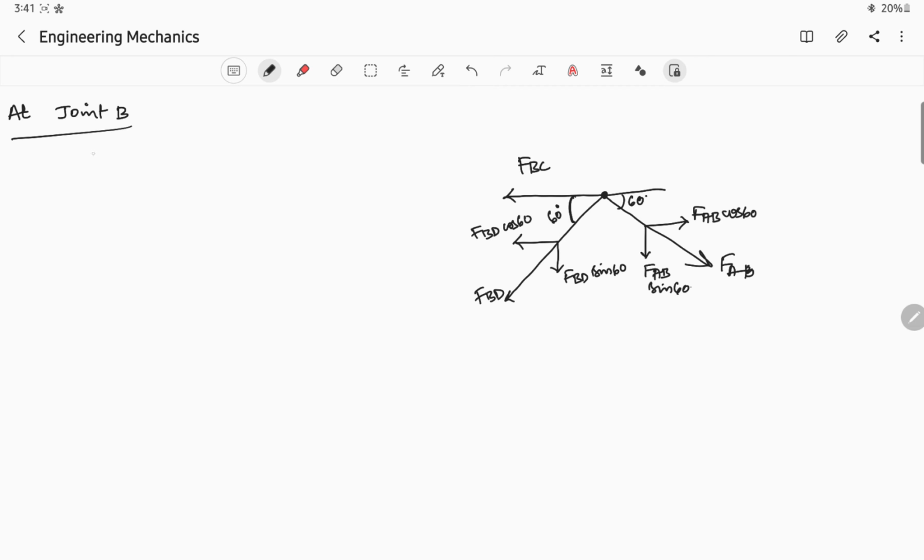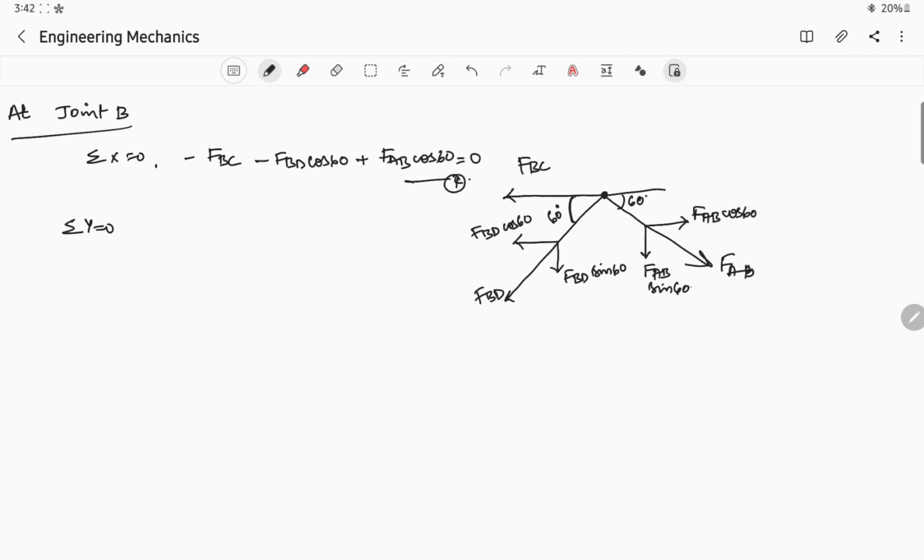So start with sigma x is equal to 0. How many horizontal forces do we have here? Minus FBC, then minus FBD cos 60 plus FAB cos 60 plus FAB cos 60 equal to 0. Let us name this as equation number 4.